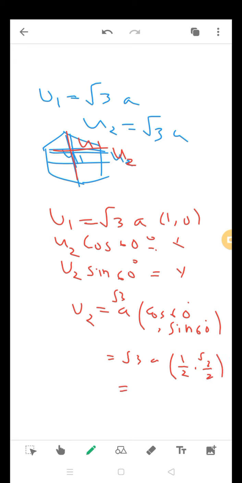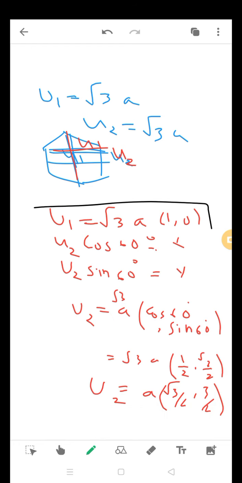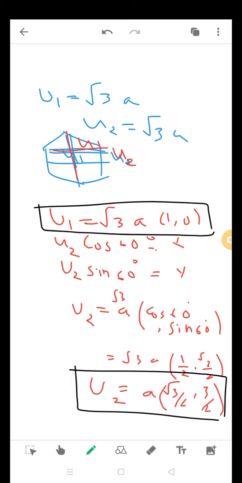So if you put the root 3 inside, it will be 3a by 2, root 3a by 2 divided by 3 by 2. So these are the coordinates of U1 and U2.